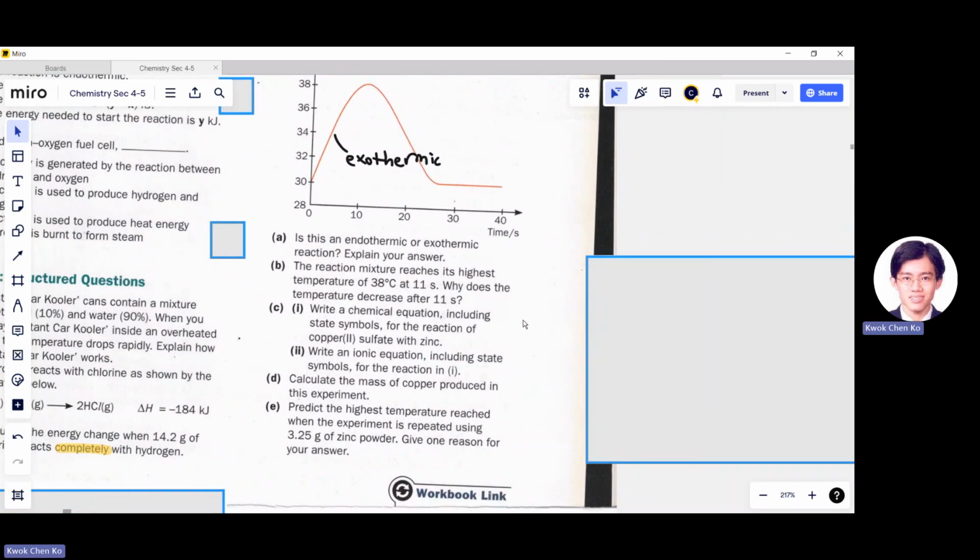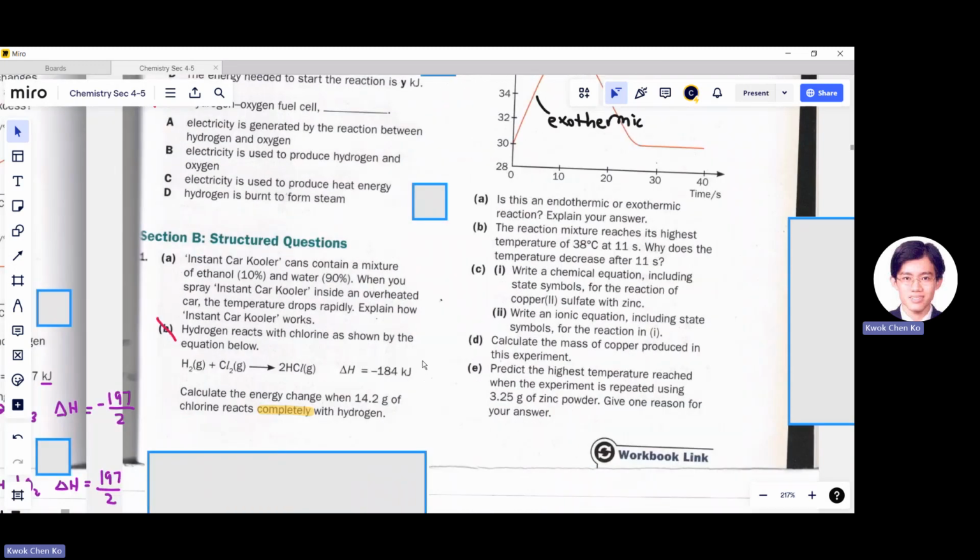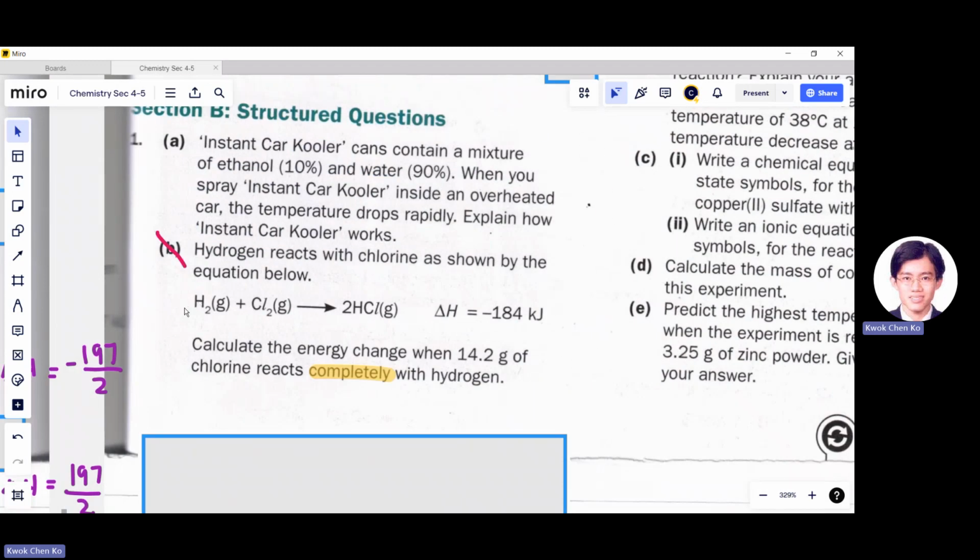Am I supposed to know how to do 1D? Yes, why not? Find the moles. The equation given here is for 1 mole, right?